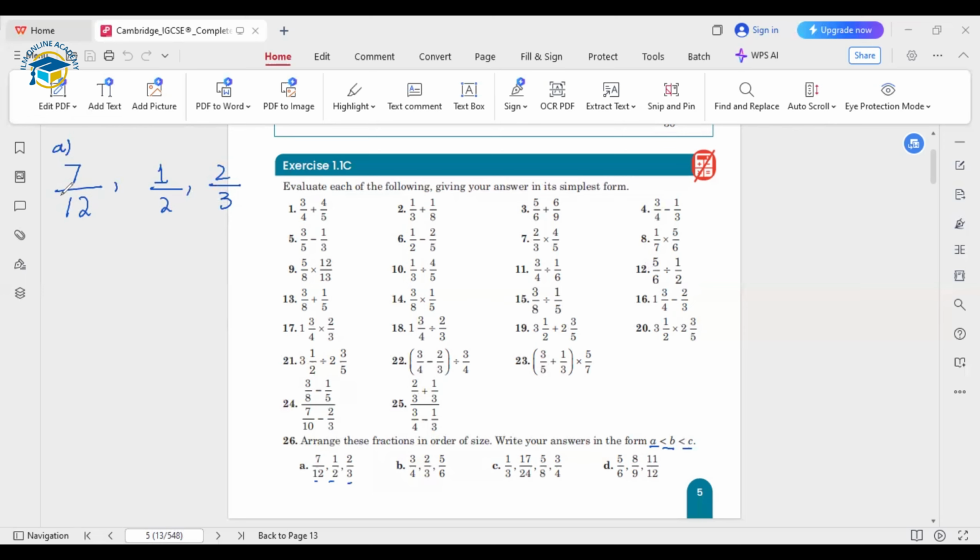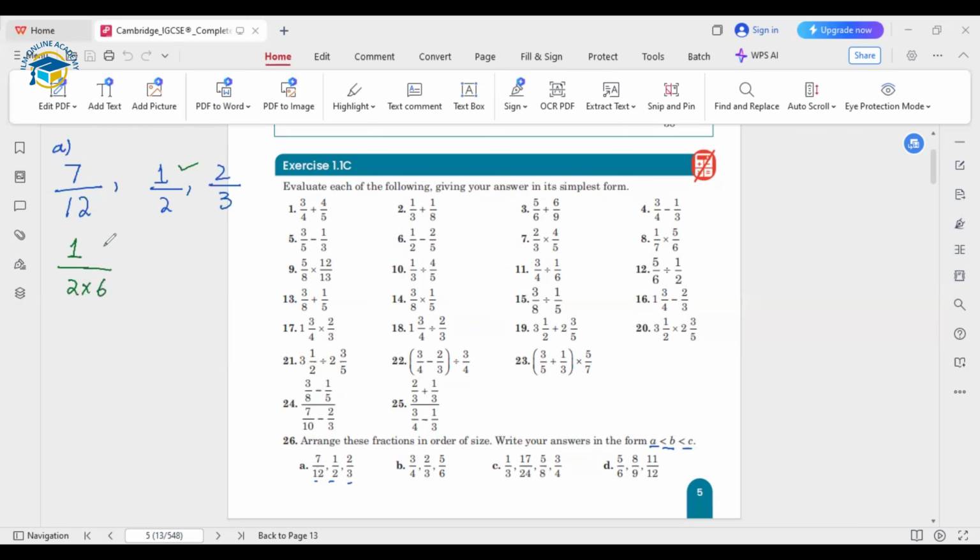So as in the first fraction, you can see that in the denominator, I have 12. So I can easily convert my 2 and 3 number into 12, like after multiplying 2 by 6 and 3 by 4. So multiplication you need to do with both of the numbers, like the numerator and denominator as well. So first I'm basically converting this number 1 by 2.